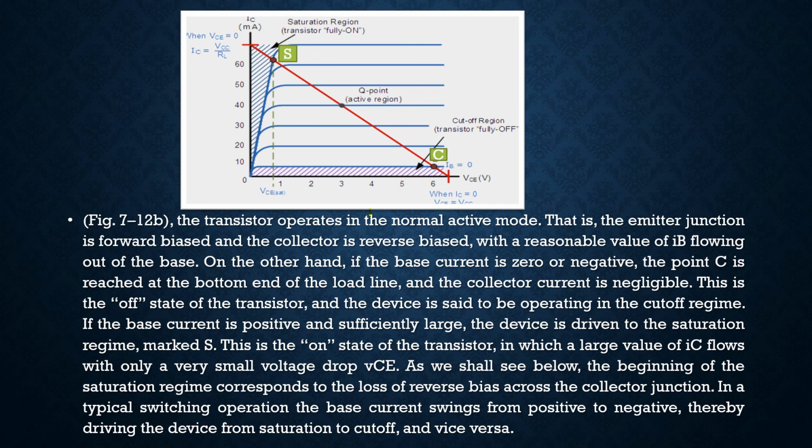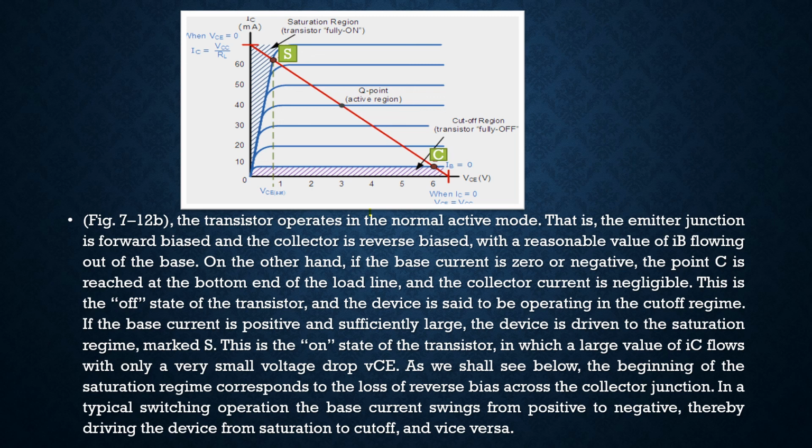If the base current is positive and sufficiently large, the device is driven to the saturation regime marked S. This is known as the on state of the transistor, in which a large value of IC, that is collector current, flows with a very small voltage drop across the collector emitter.